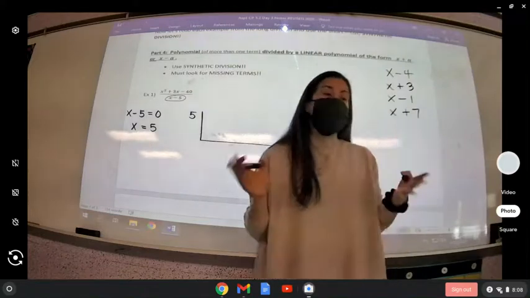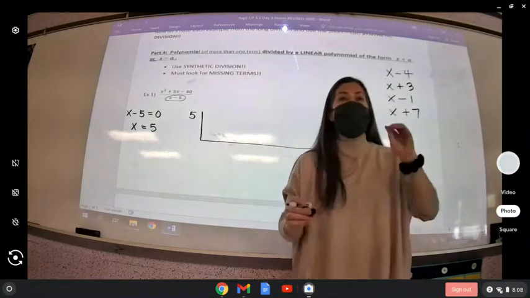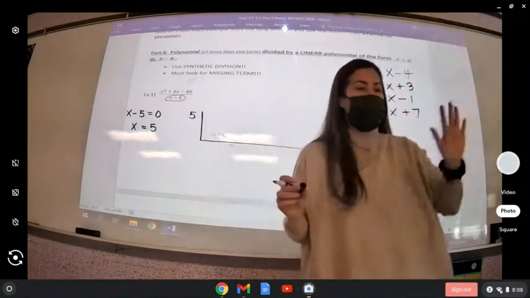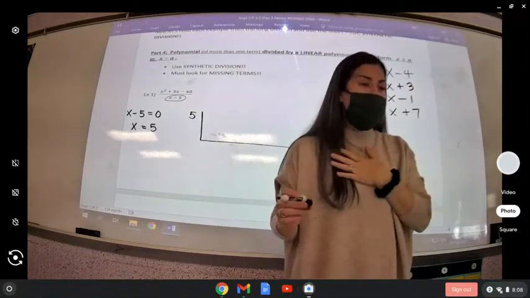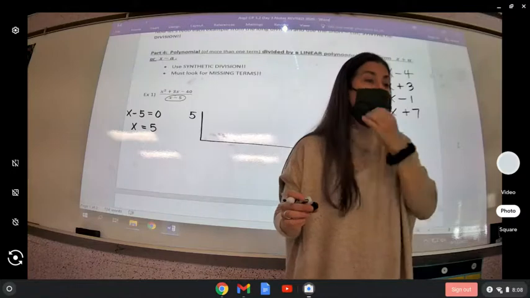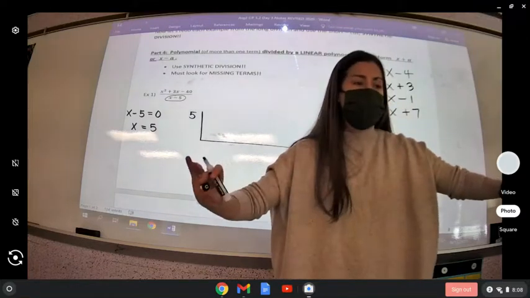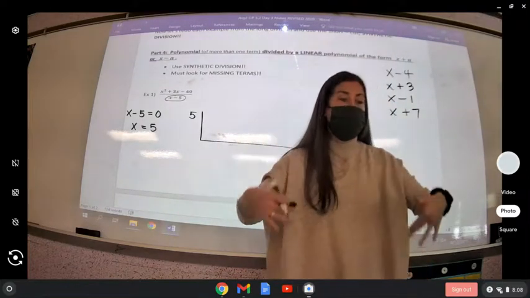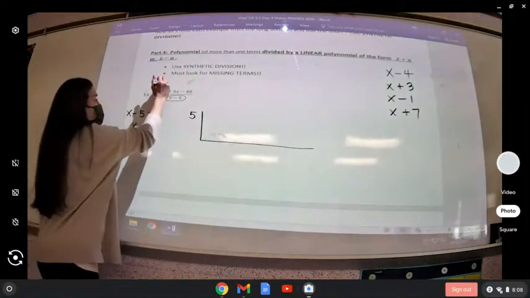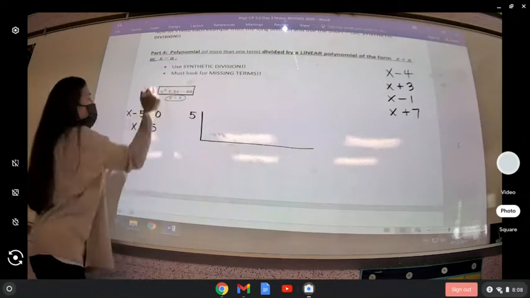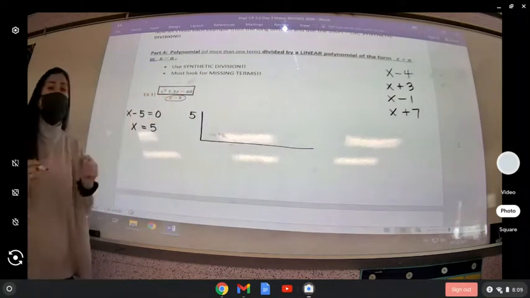What synthetic division is going to do is all of the long division for us by removing the variables. All we have to do is work with the coefficients, the numbers in front. So now go to the polynomial we're dividing into, which is x squared plus 3x minus 40.